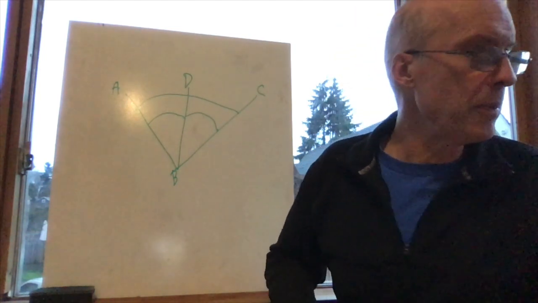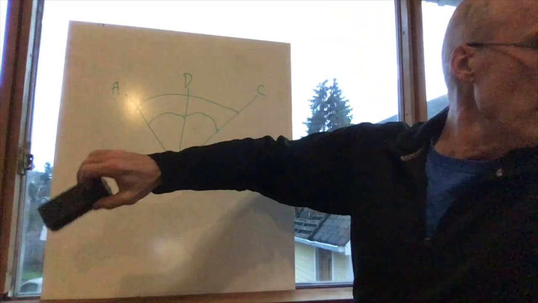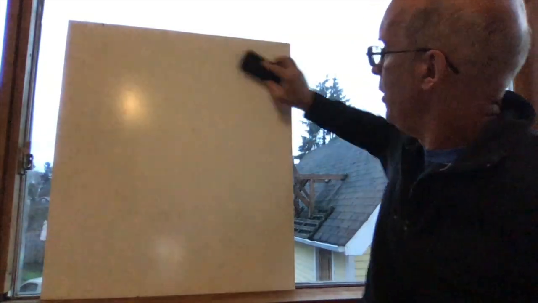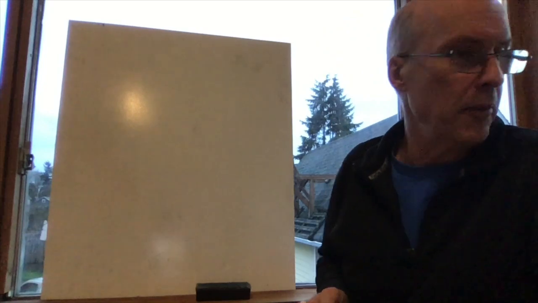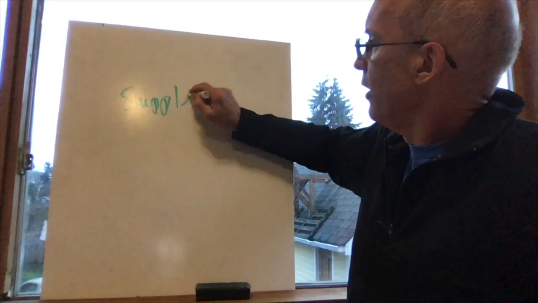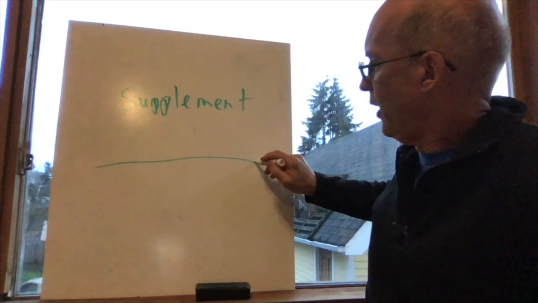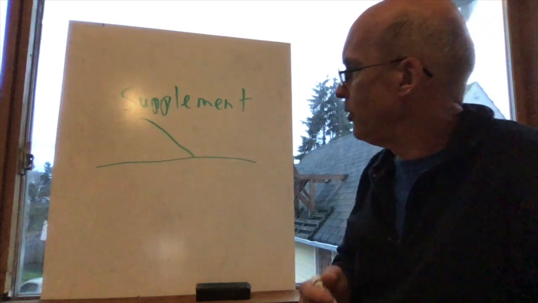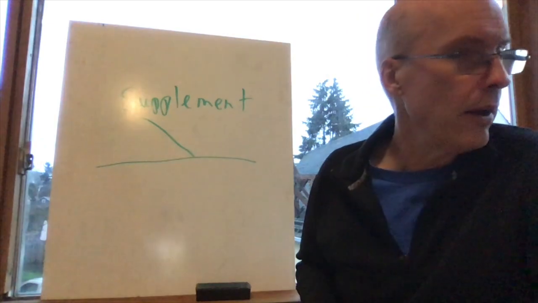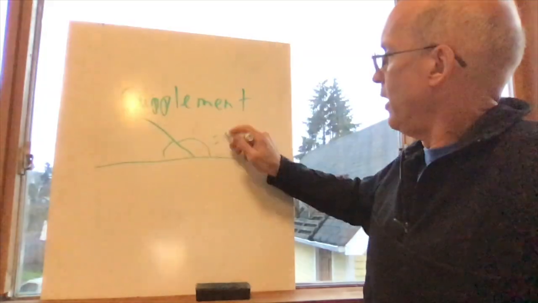If you turn the page with me, they're going to give you a couple of theorems. 2-3 and 2-4. One is called the supplement theorem, and one is called the complement theorem. The supplement theorem just says that if you have a line and you've got two adjacent angles on that line that form what are called a linear pair, then the measures of those two things add up to 180 degrees.